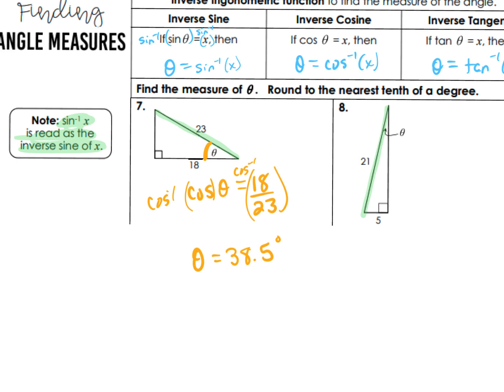Guys, if that theta gets confusing for you, a lot of people tend to look at it and think it's a 0 and not the angle that we're solving for. So if you want to put an x in there instead of a theta, go right ahead. I've put a list up here next to the TV of some other Greek letters that we're going to be using, just so you're familiar with them.